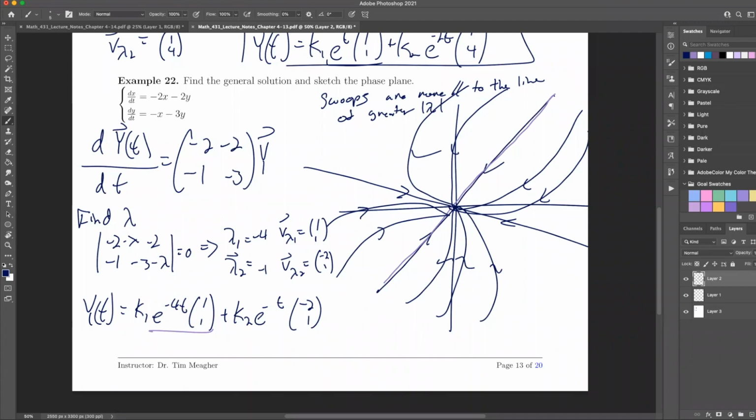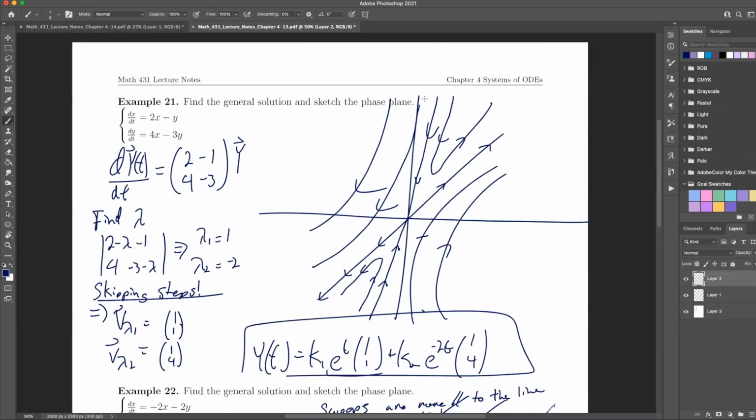I do have a question with the strength. With the saddles, does strength have any effect, or do we just follow the arrows? That's a good question. The answer is yes, but it's negligible in your hand drawings because they'll all have this form.